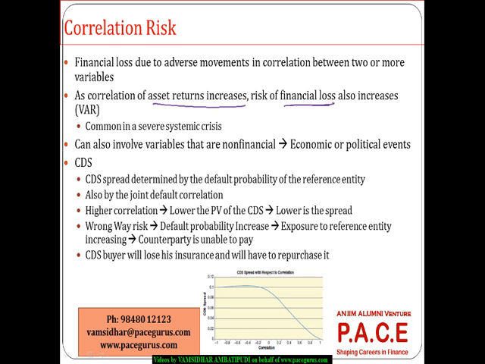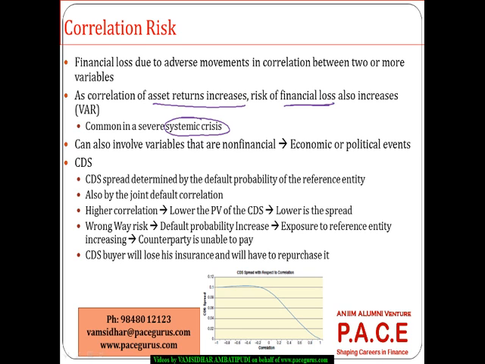And what we have seen even in the recent financial crisis is, when there is a systemic collapse, when there is a crisis in the economy, the correlations between the assets are going to be much higher. Whatever was the diversification benefit the two assets were giving earlier, during a financial crisis, we expect that the correlations will take an upturn.